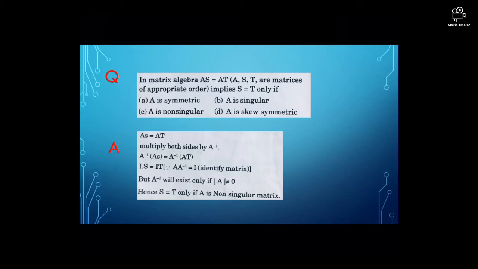Identity matrix I. So I into S is equal to I into T. But we know A inverse will exist only if the determinant of A is not equal to 0. If the determinant of A is equal to 0, then it is called a singular matrix. So hence S is equal to T only if A is a non-singular matrix. So the correct option for this one will be option C. A is non-singular.